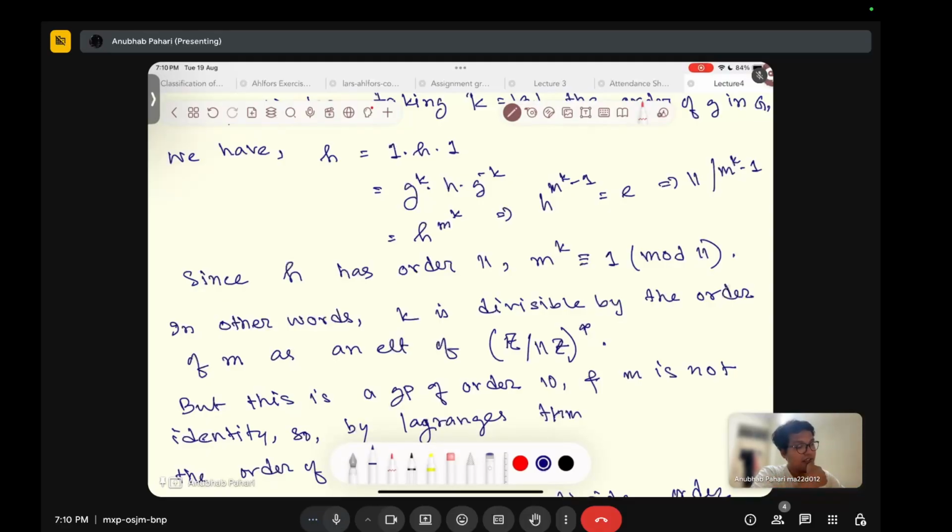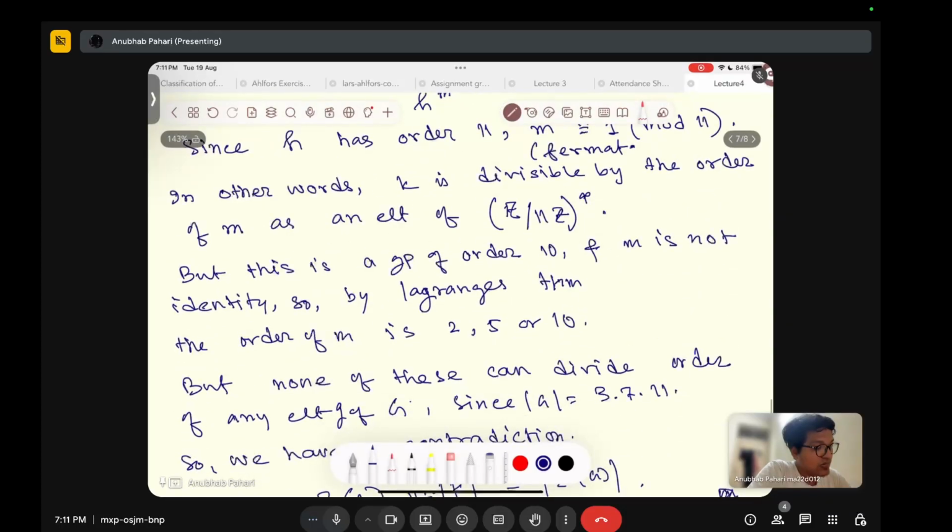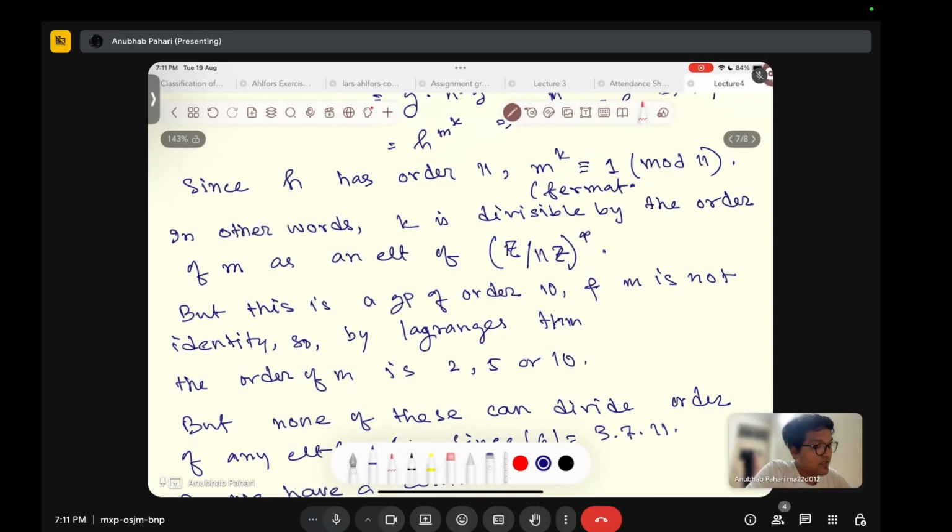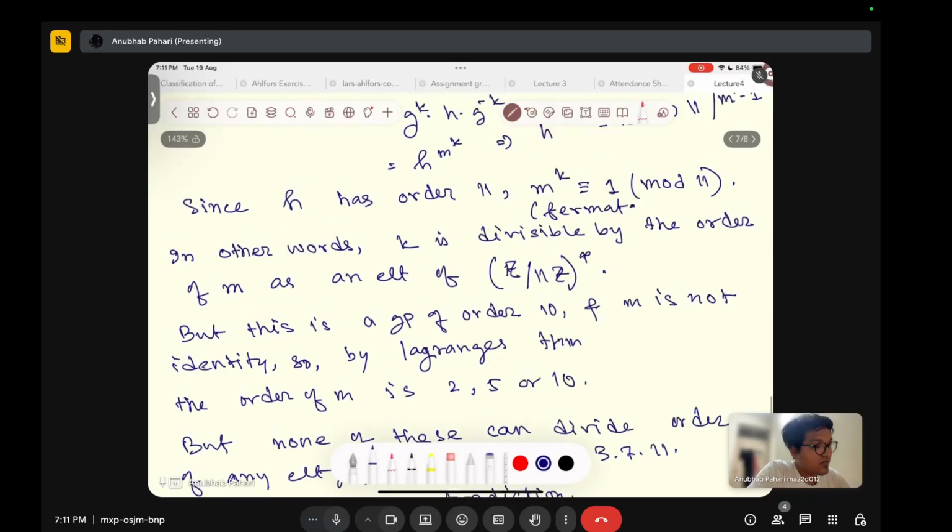And what we have written in the power is from Fermat's little theorem. No sir, I'm not asking that. In the next line, Z mod 11Z star, what you have written there?